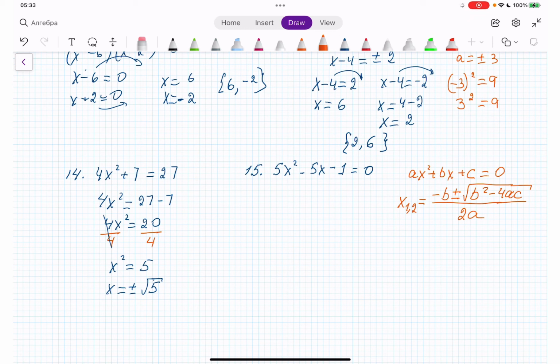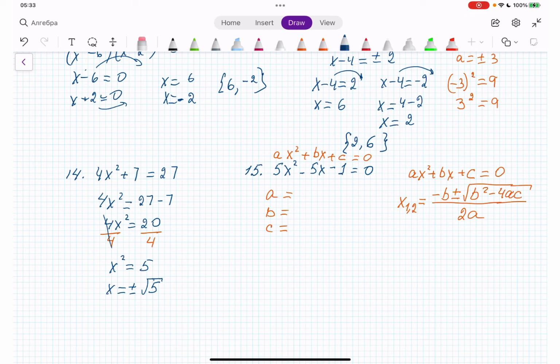Now, what do we have here? Let me write down ax squared plus bx plus c equal 0, right? Since our solution x consists of a, b, and c, let's write down how much is my a, how much is my b, and how much is my c.